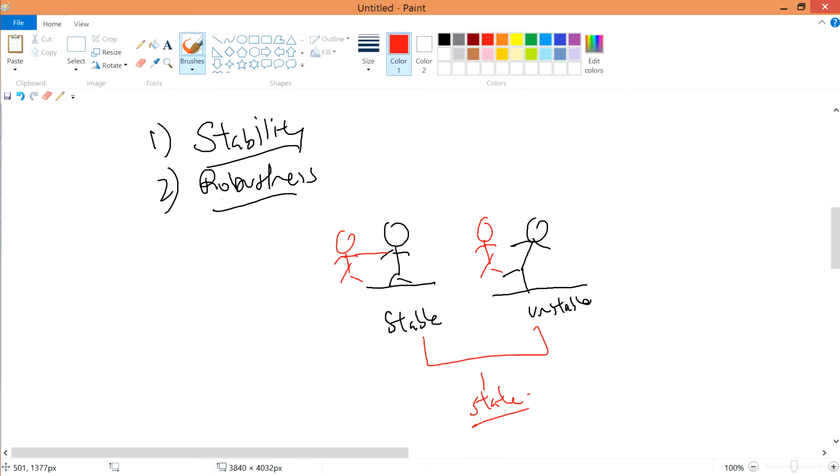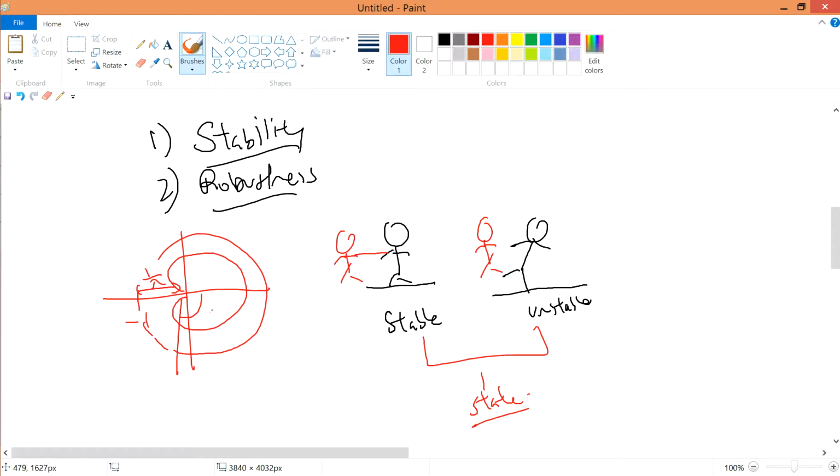And robustness is how well it can tank before it becomes unstable, which goes back to the gain margin, phase margin, right? If you still remember, and the last one, which is the vector margin. Alright, this is the 1 over lambda distance, and then the angle is some theta.